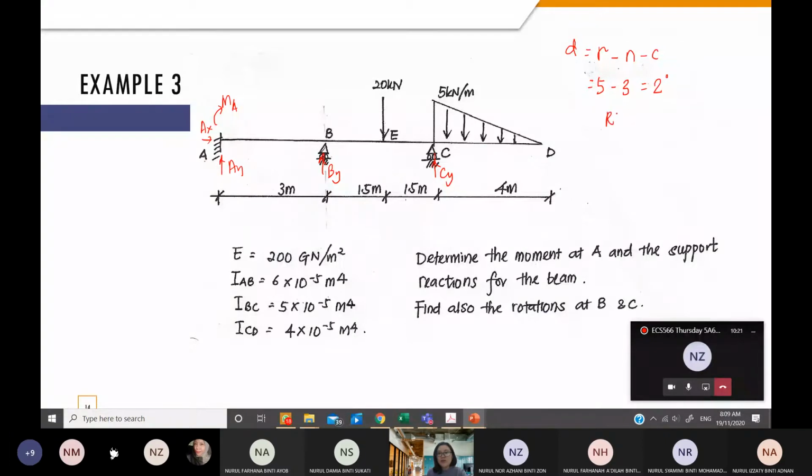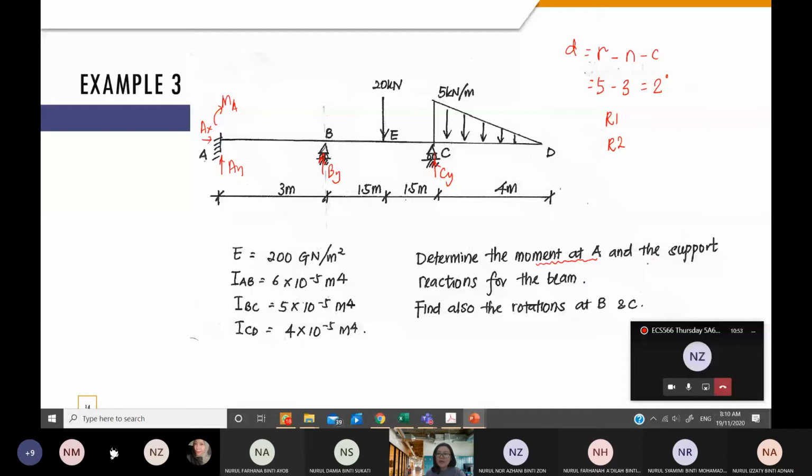So you need to remove your first redundant and decide on your second redundant. In this case, it is given to you: the problem is to determine the moment at A for the beam. So you can choose the moment at A as one of your redundants, so that when you solve for the redundant, you can directly solve for the question.